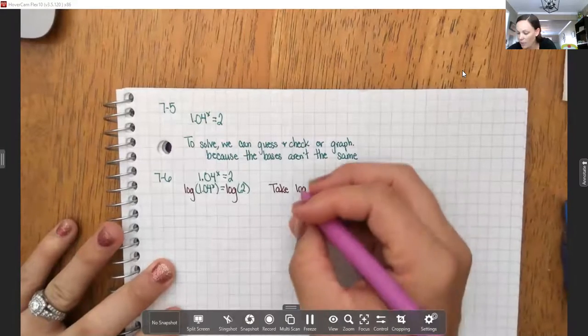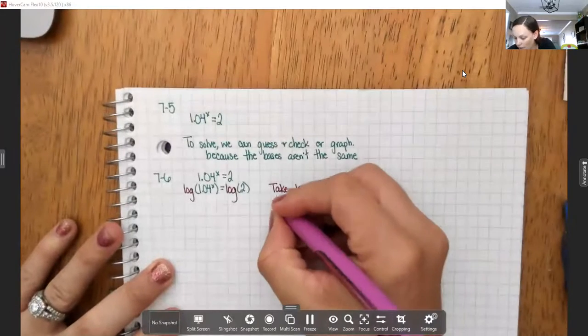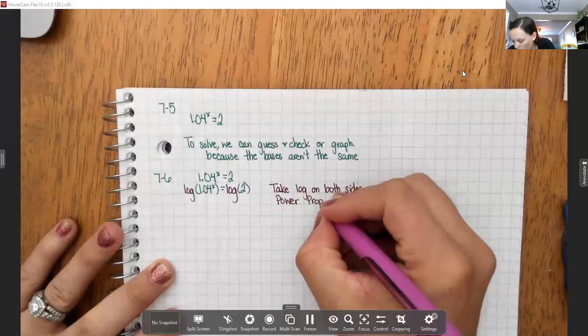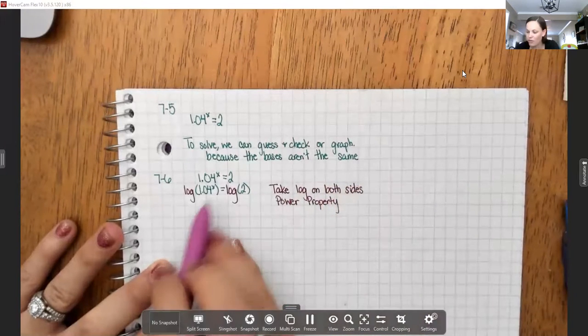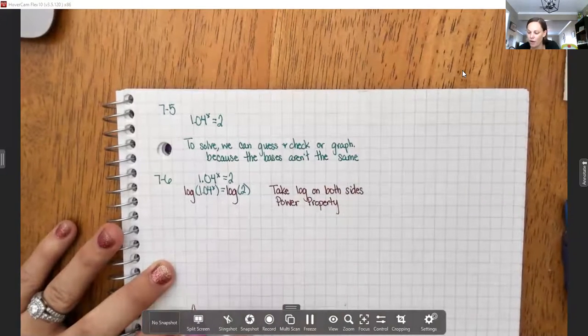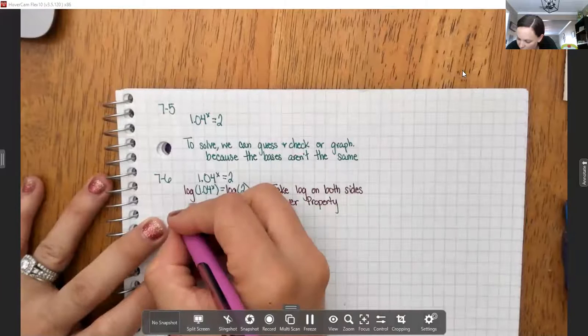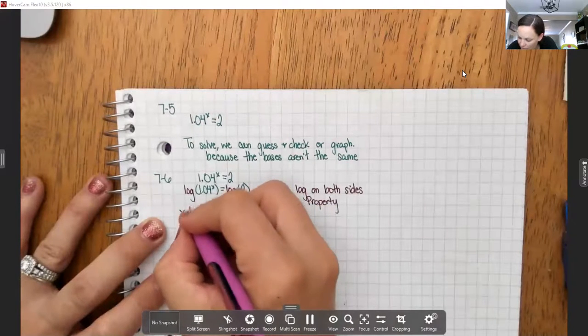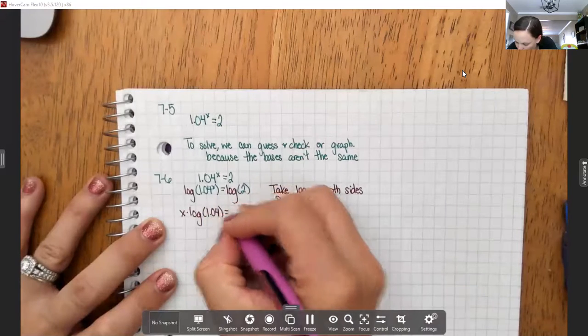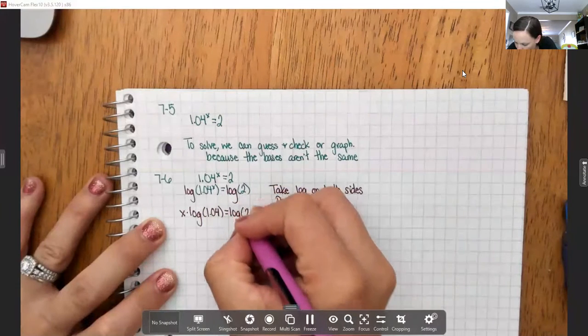Now I'm going to use that power property that we just went over. The power property says, if I'm taking log of something that has an exponent, I can bring that exponent out in front. So that's equivalent to x times log of 1.04 equals log of 2.